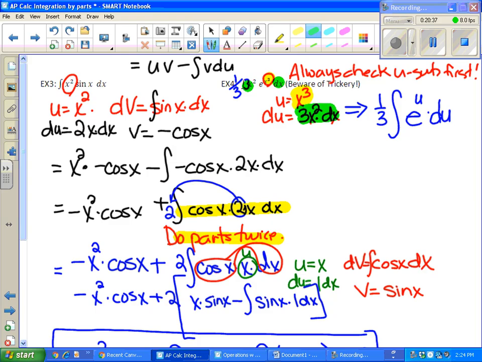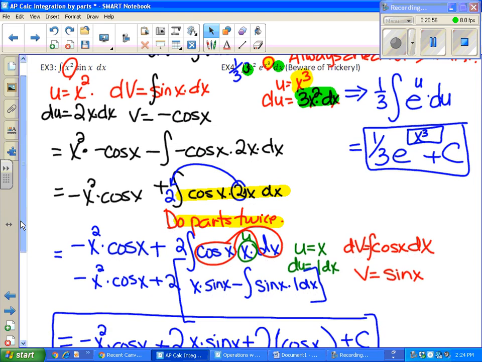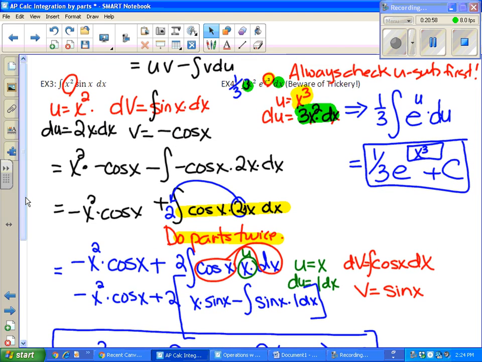The integral of e to the u is just e to the u, so 1/3 e to the x to the third plus c. That one did not need integration by parts, but if you don't remember to look for u sub first, you might fall prey to trying to do this one by integration by parts.